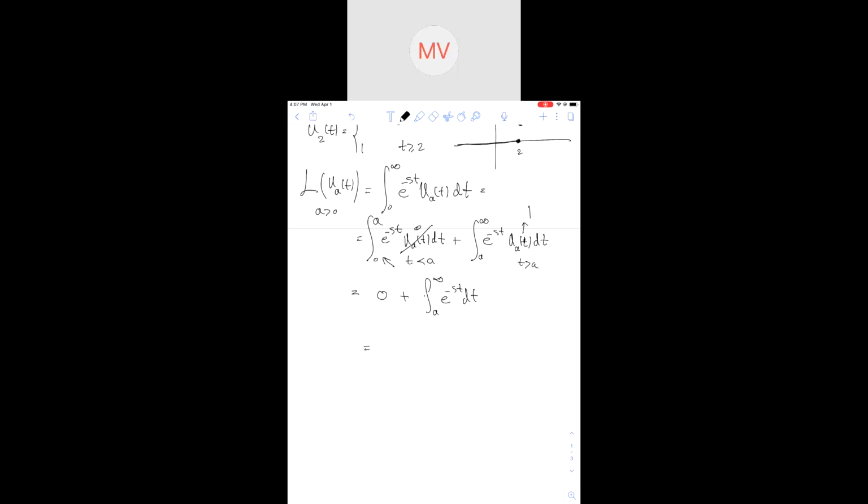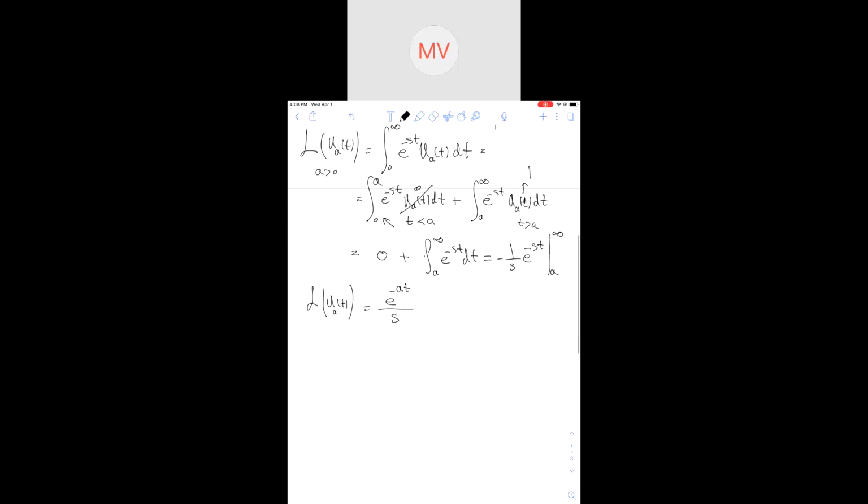We don't have to write down the 0 part. So this is negative 1 over s, e to the negative st, evaluated from a to infinity. Remember, at infinity that's 0, and at a it's e to the negative as divided by s. So the Laplace of u sub a of t is equal to that.